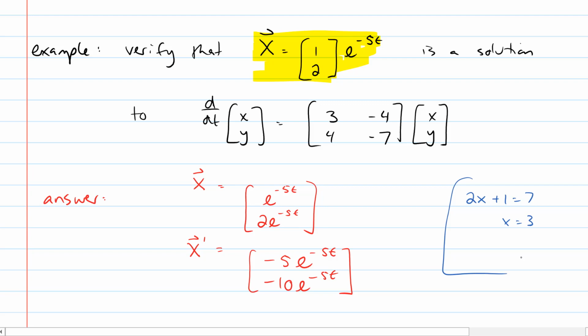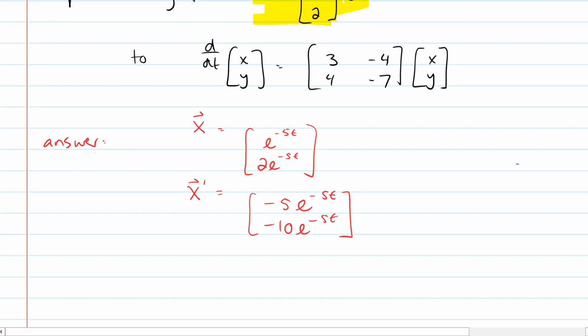The way to verify that is you rewrite the equation, 2 times 3 plus 1 is equal to 7, and you find that 7 equals 7, which is a check. So what we're going to do here is plug our solution back in, and we're going to get something similar to the 7 equals 7. We're going to get that the left-hand side equals the right-hand side, and that shows that we know what we're doing.